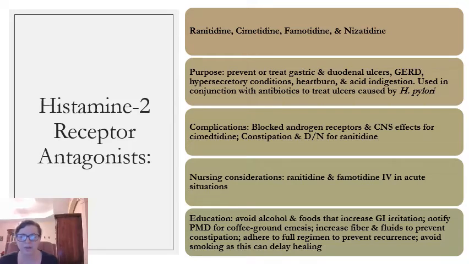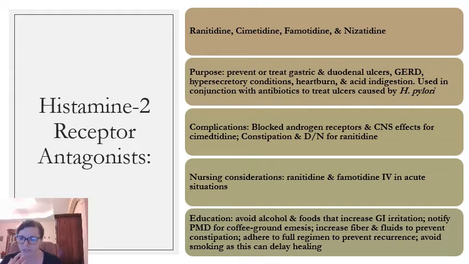Education we want to give these patients is to avoid alcohol and foods that increase GI irritation, like spicy foods, and to notify their doctor of any coffee ground emesis. We've talked a little bit before about coffee ground emesis, but not really a lot. It's usually due to a bowel obstruction or a GI bleed.